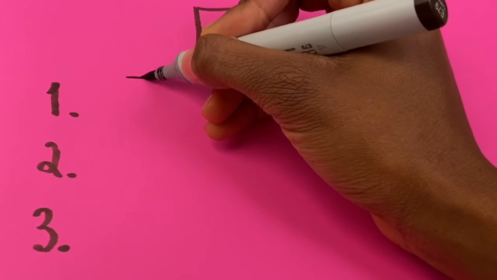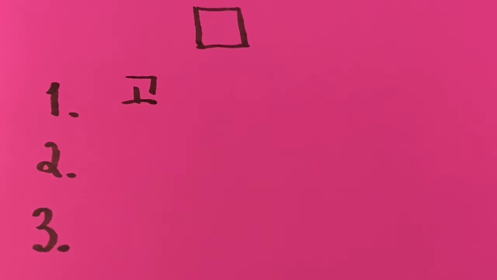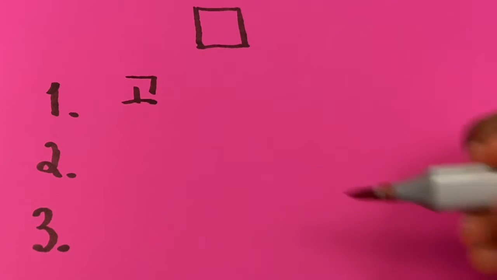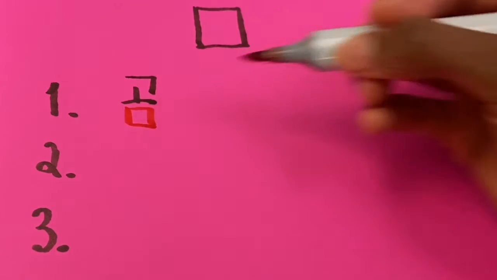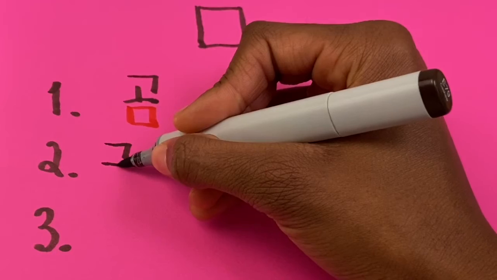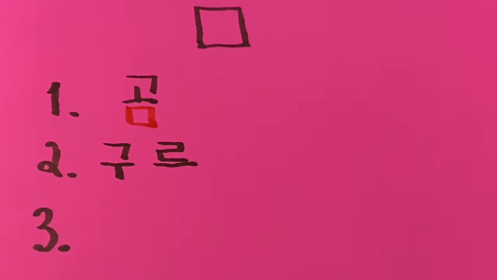Our next 받침 is 미음. We learned that 미음 makes the M sound, and as a 받침, it still makes the M sound. Our first word starts with 고. Go. I want to make 미음 a 받침, so I write it right underneath go. Now it's 곰. Our second word starts with 꾸르.